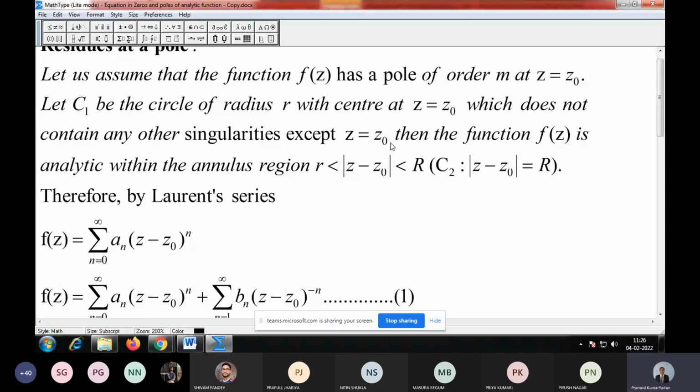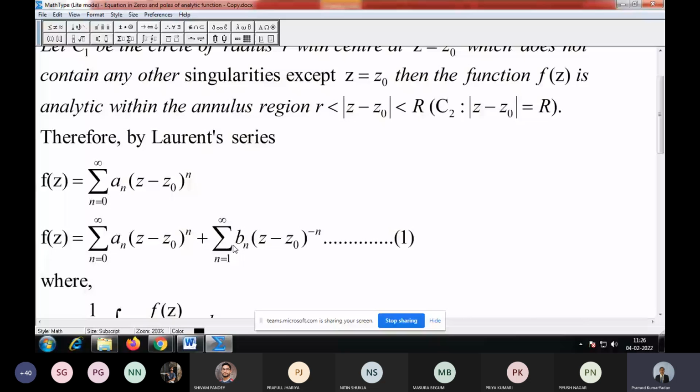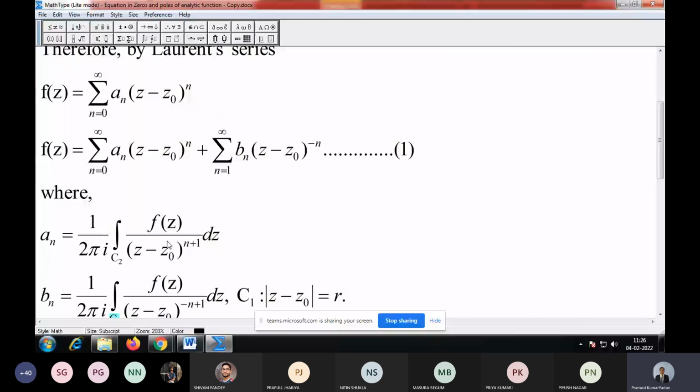Then the function f(z) is analytic within the annular region, that is, mod of z minus z0 greater than r1 and less than r. What is r? r is the radius of the outer circle. C2 is mod of z minus z0 equal to r, so C2 is the outer circle. The value of a_n can be evaluated over this outer circle C2, and b_n over the inner circle C1.